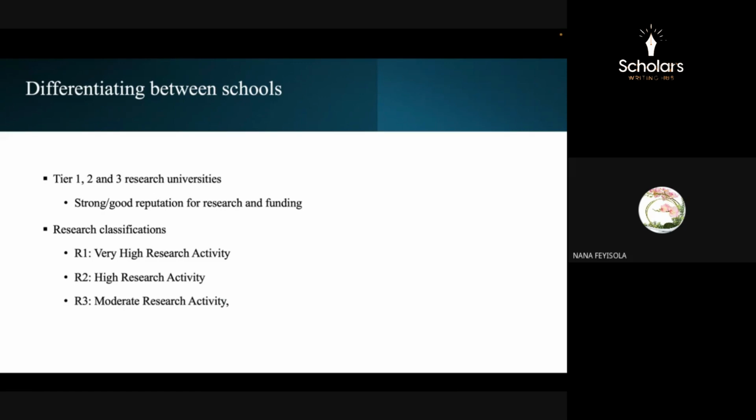So I think your best choice is to get a scholarship. You have a very high chance of getting a scholarship if you apply to schools that have very high research activities. And how do you find schools that have very high research activities?